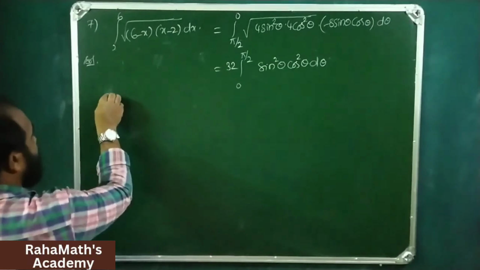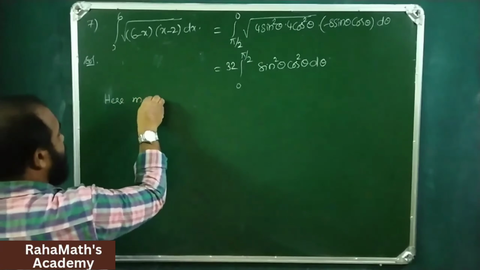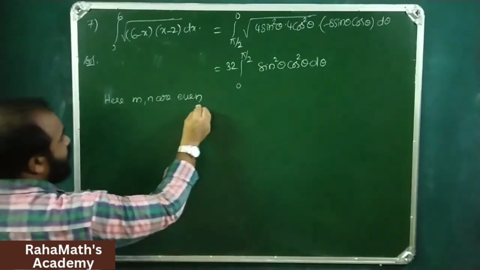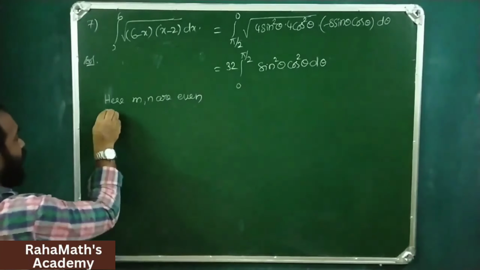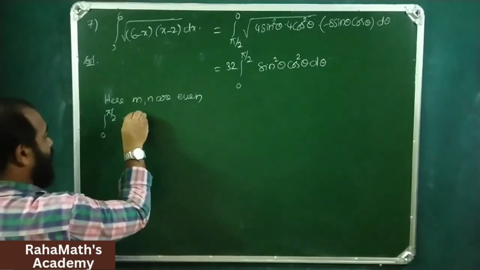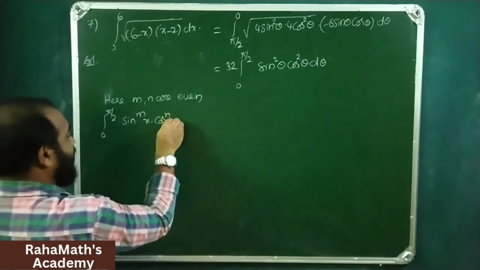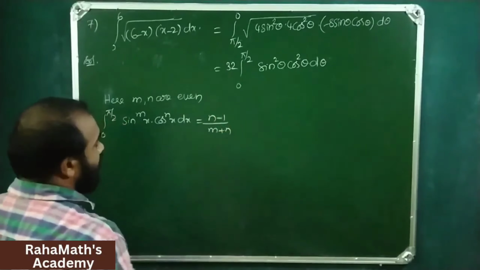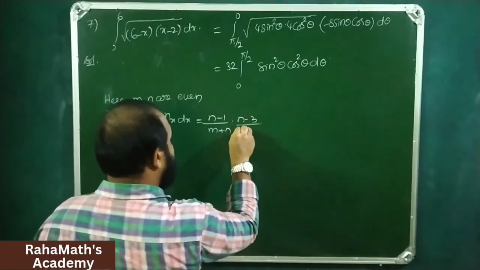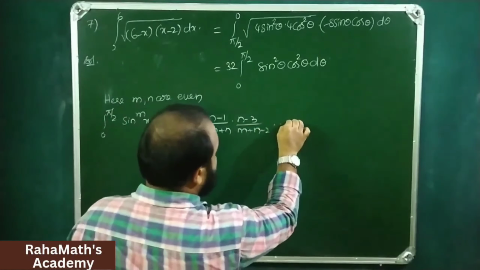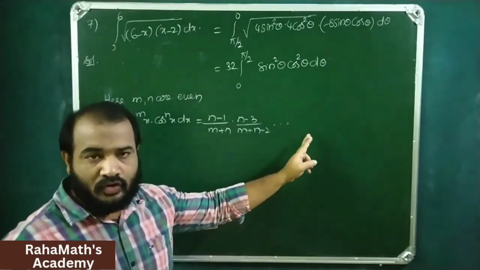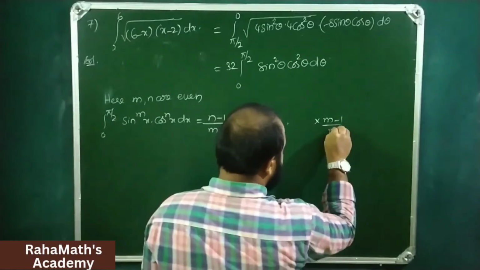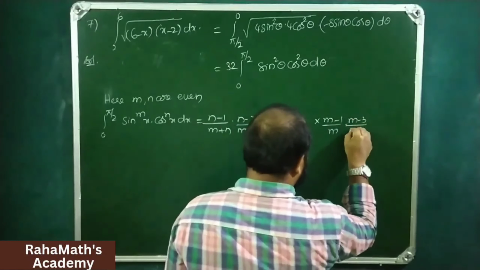So here m, n are even. Then the integral 0 to pi by 2 of sin power m x into cos power n x dx is equal to n minus 1 by m plus n, n minus 3 by m plus n minus 2, and so on, until further reduction is not possible, into the second part, which is m minus 1 by m minus 3 by m minus 2.